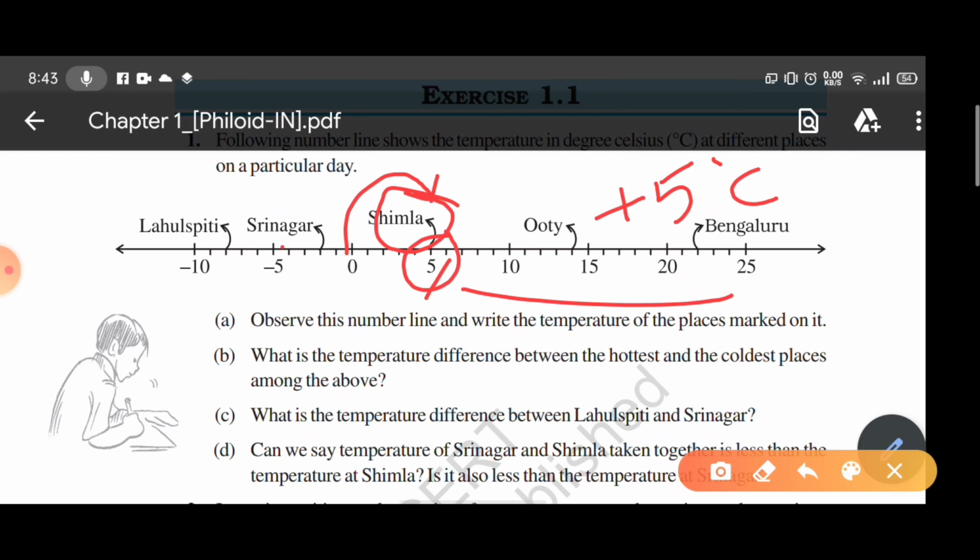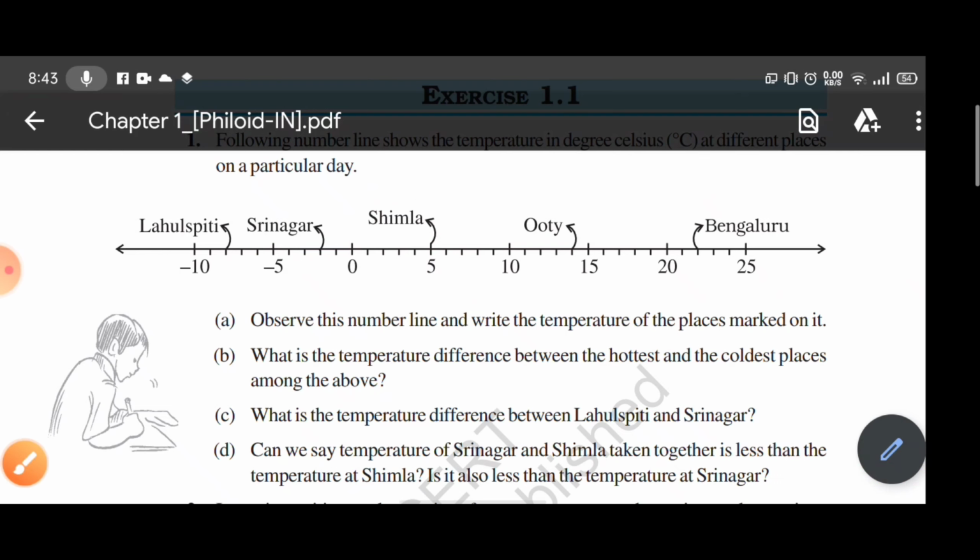For example, if it would have been here, on the left side of 0, values are negative. So my answer is minus 5 degrees Celsius if this value is to be indicated over here. In this way, you can simply answer all the values provided over here. So let us take one more example.